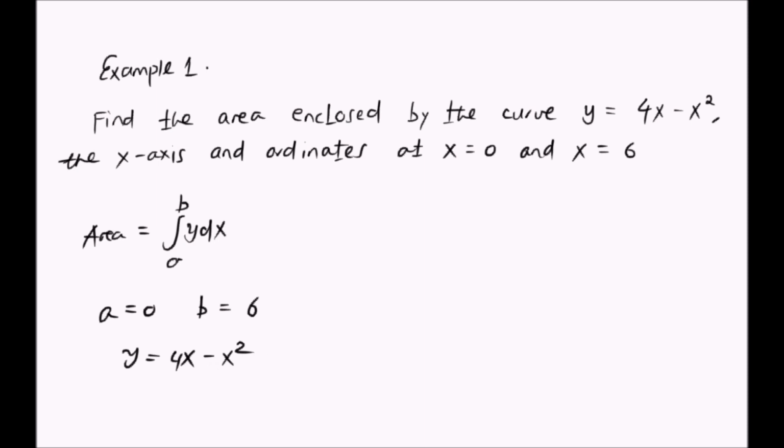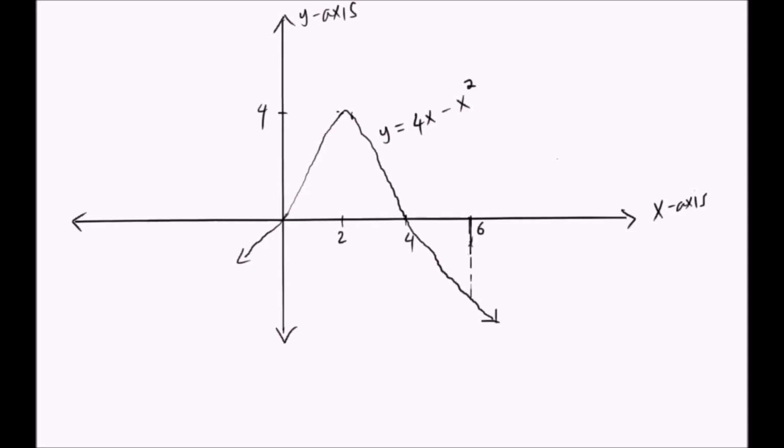Sasa kabla hujakurupuka kupachika na kuintegrate, first things first, when you find the area enclosed by a curve kama hivyo, lazima uichore graph ya hiyo curve ili ujue inaonekana vipi. So this is the graph of hiyo curve. Sasa hii ndo curve yetu y is equal to 4x minus x squared.